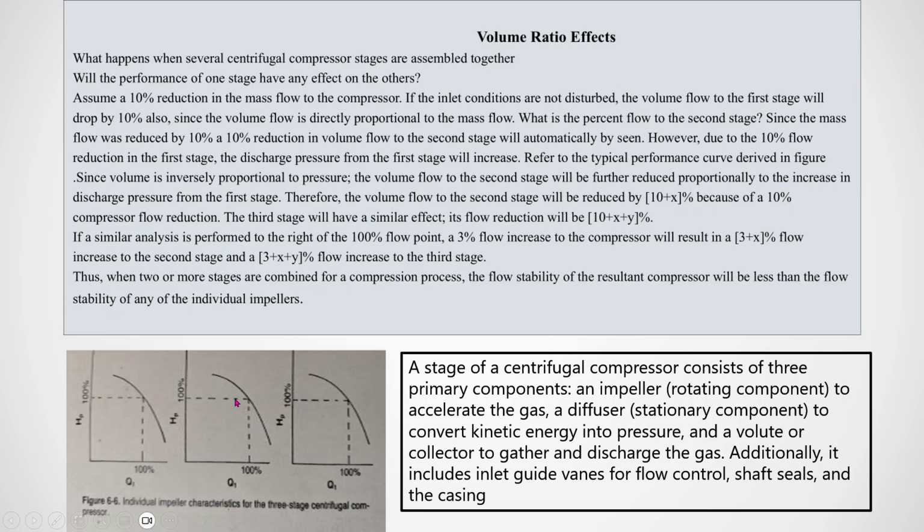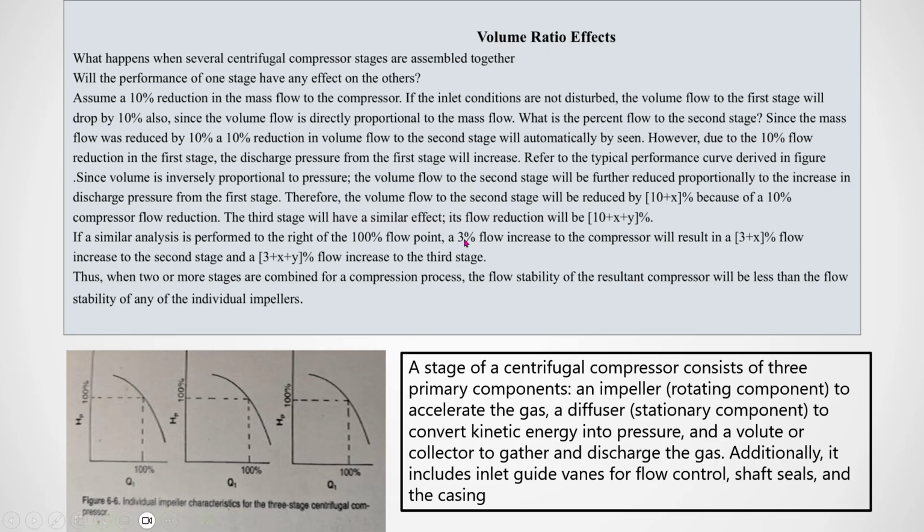Again the volumetric flow will reduce, pressure will increase, and volume will decrease, so 10 plus x plus y will go to the third stage. Volume will keep decreasing and pressure will keep increasing. If there is a mass flow reduction, the compressor running point will move nearer to the surging point. This is the original operating point.